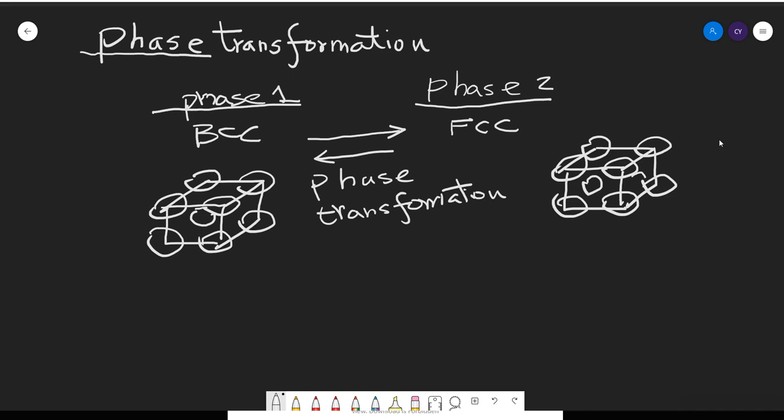In this case, the face center has carbon. We have told you many times, the carbon here is in FCC, and in this case the carbon goes outside and becomes Fe3C. So in this case, very hard, and here, soft.